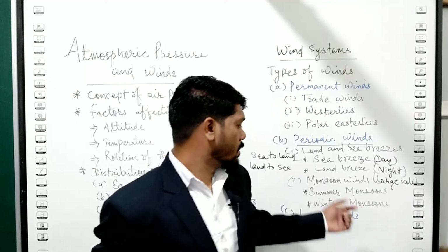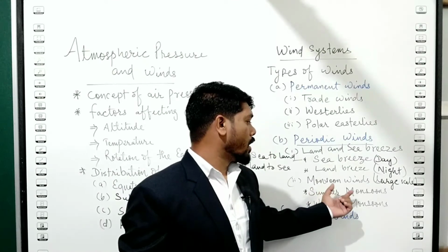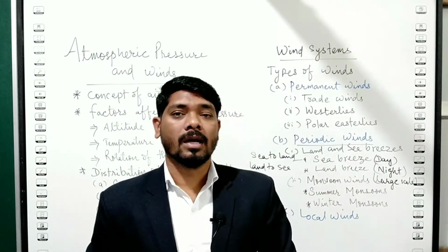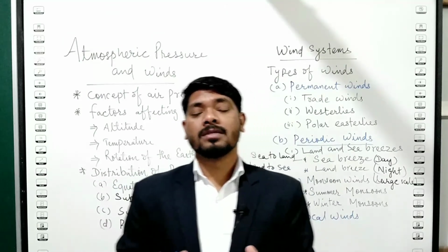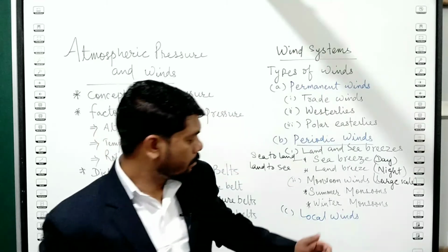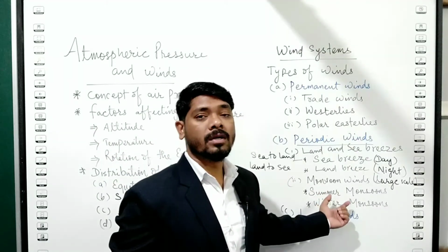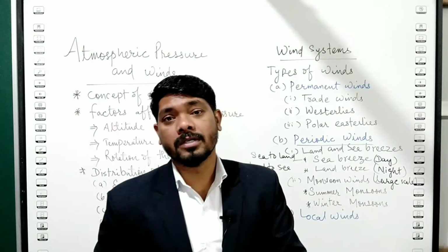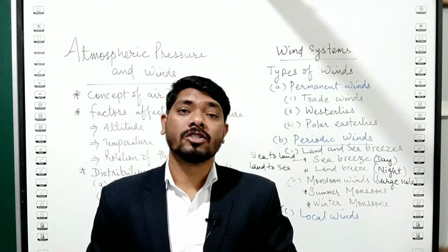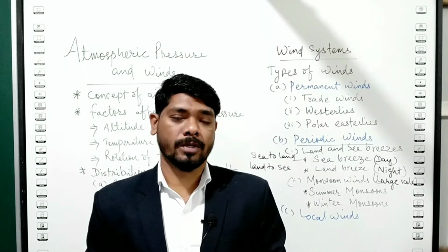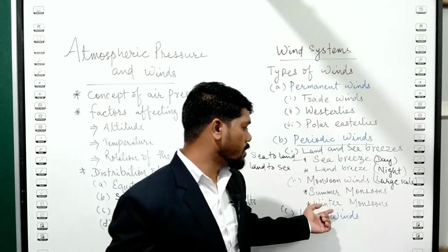The summer monsoons occur in India for 4 months, June, July, August, September. After September, all the winds which have blown towards the interior part of Asia will return back during the winter season because of the sudden drop of temperature, and during that time the pressure belts shift toward the southern hemisphere. So that's why we experience winter season.